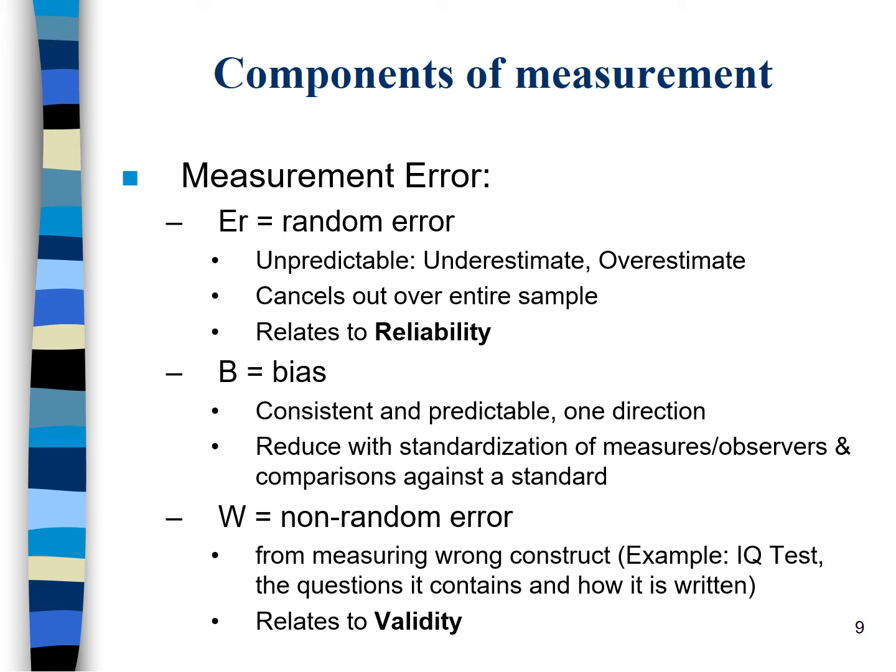The next type of error we have is that B, the bias. Now, bias is consistent and predictable. It tends to be in one direction. So the toughest thing about bias is if how you ask the question, or if the topic of the question is something where people are going to have a strong bias in one way or another, this gets into there and it's not really a true reflection.